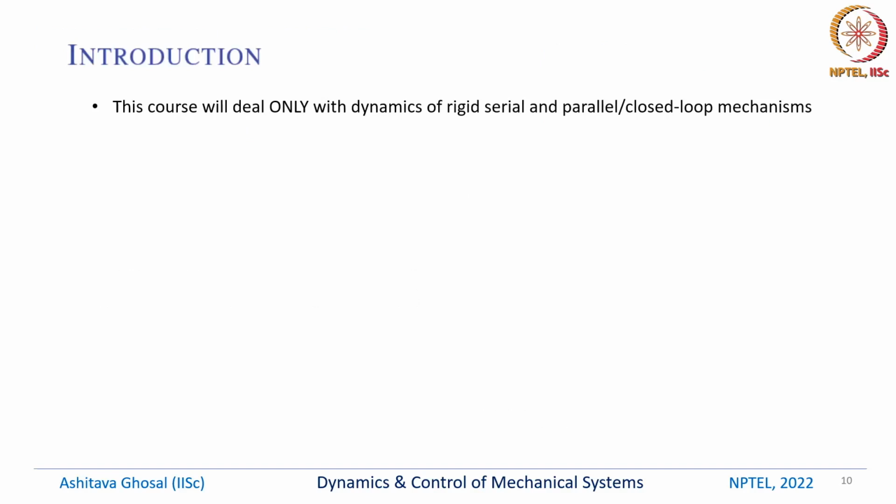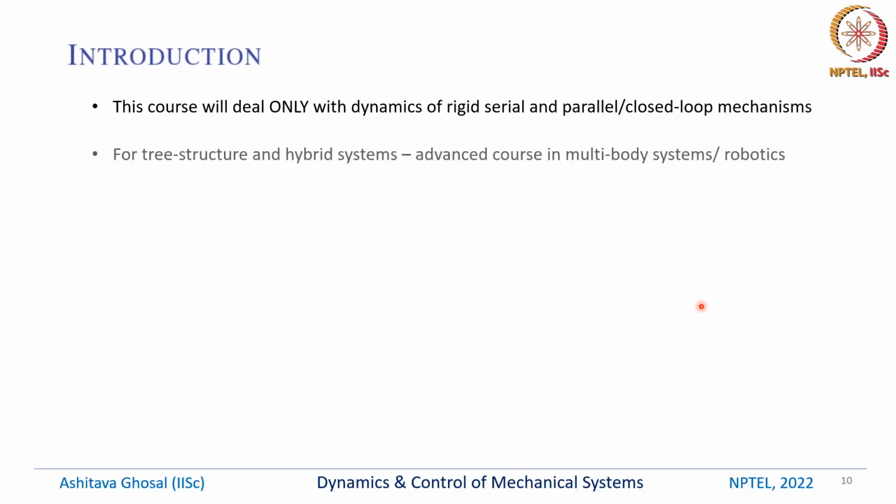In this course, we will only deal with dynamics of rigid, serial and parallel closed loop mechanisms. We are not going to look at tree structures, and we are not going to look at hybrid systems. You need to study some advanced course in multi-body systems and robotics if you are interested in these topics.